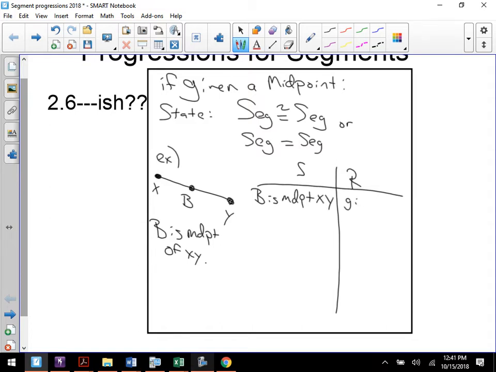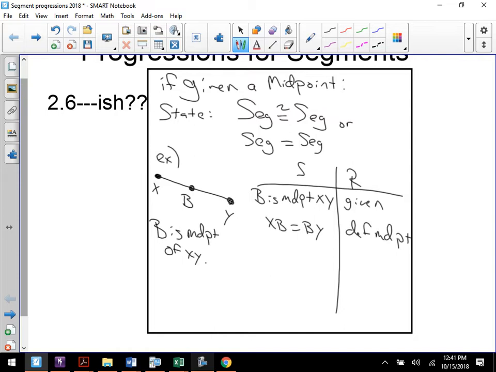If that's given, then you can say XB equals BY, definition of a midpoint. It's that quick little step. You're using the definition of a midpoint to say those two segments are equal. Could you write congruent if you wanted? Yeah, either one is fine. It doesn't matter which one you use.